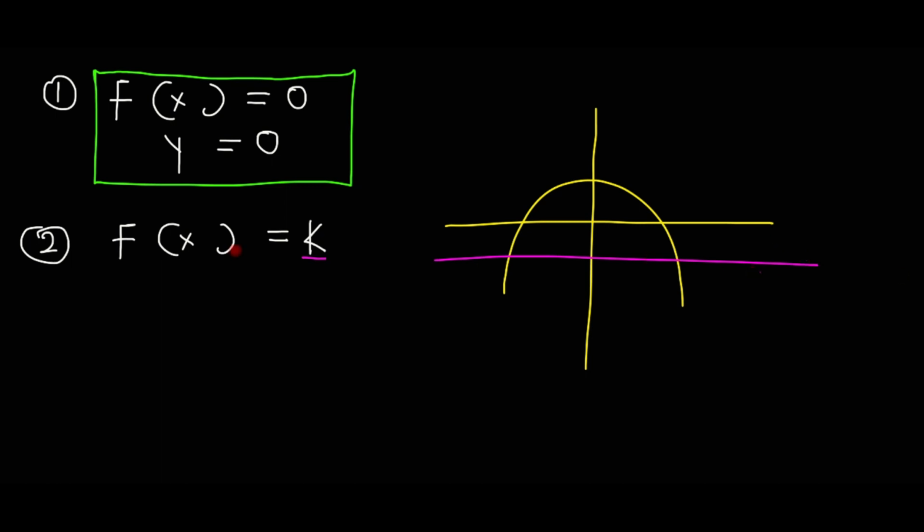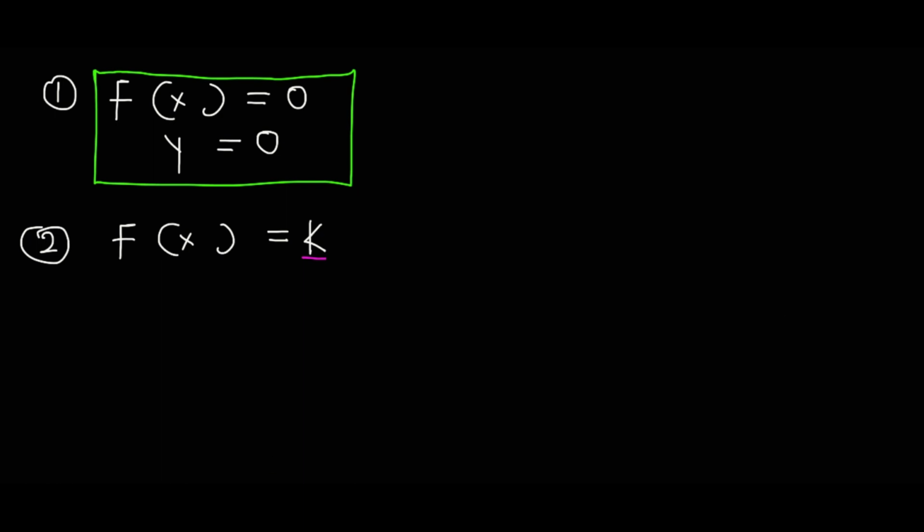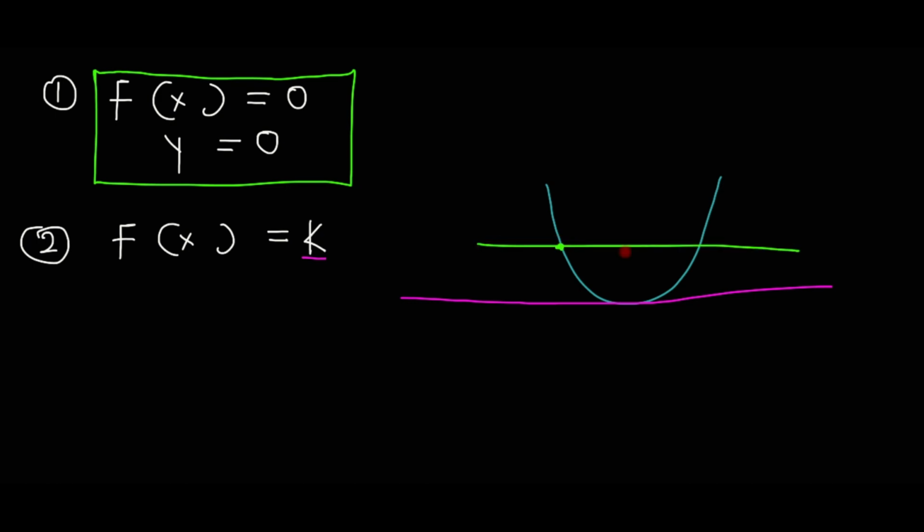So f(x) is equal to k means a horizontal line, whereby we will be focusing on a situation whereby the horizontal line passes through the graph either at one point, or intersects at 2 points, or lies below the graph. So depending on the situation in the question, we will be focusing on this kind of problem.